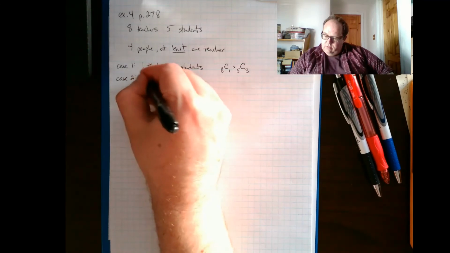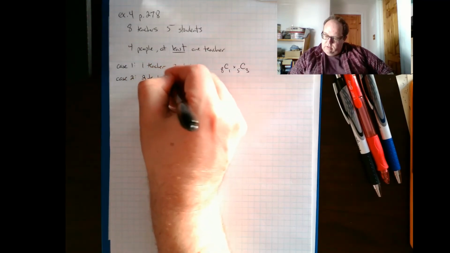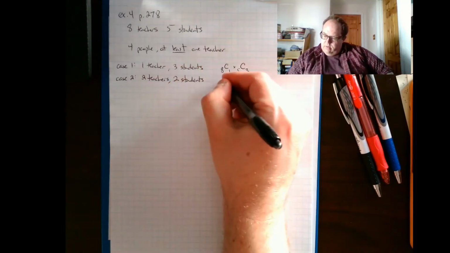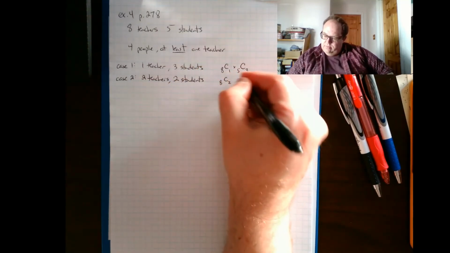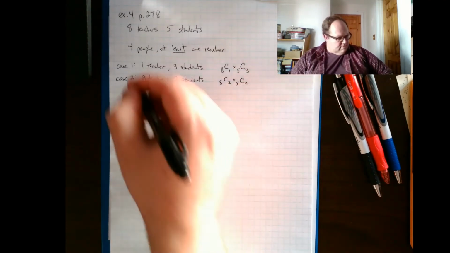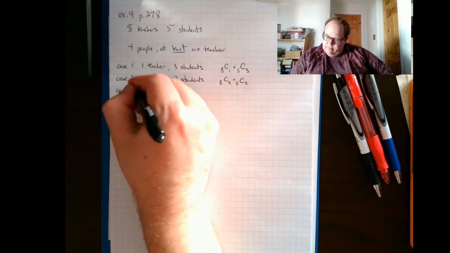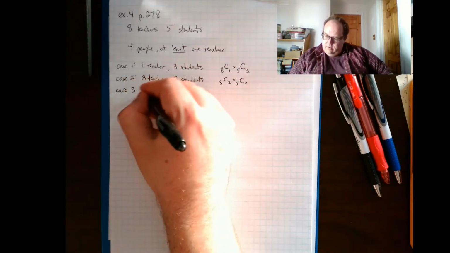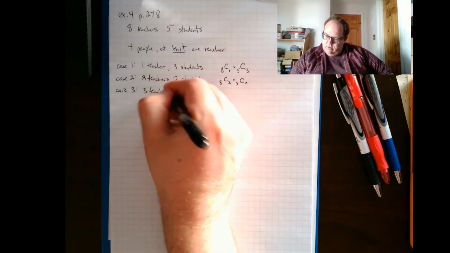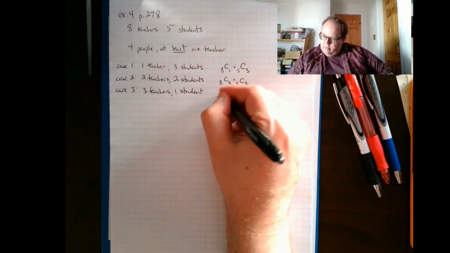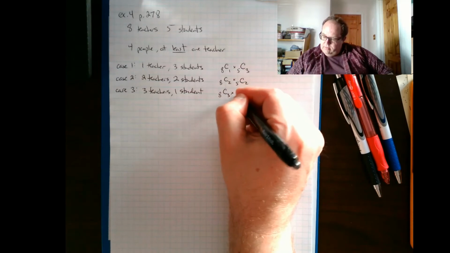Case 2, 2 teachers, 2 students, would end up being 8 choose 2 times 5 choose 2. Case 3, 3 teachers, 1 student. It's going to be 8 choose 3 times 5 choose 1.